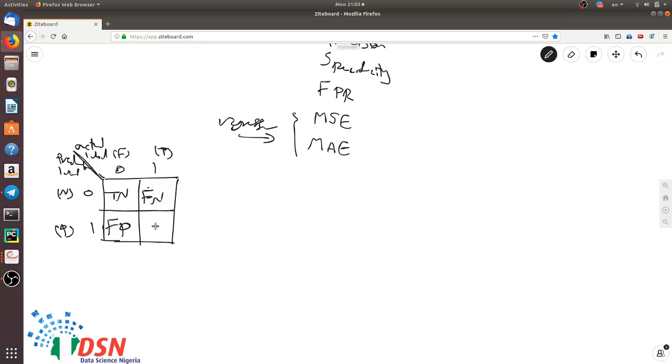And here we have true positive, right? The actual label is 1 or true, and the predicted label by the classifier is 1 or positive, and it is true, so we have true positive here.